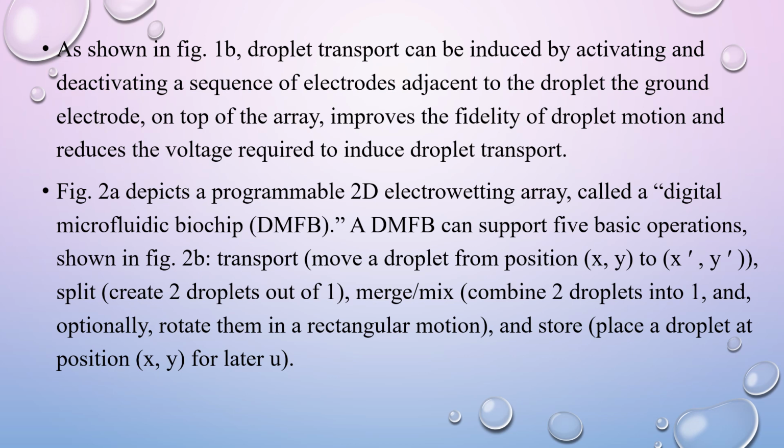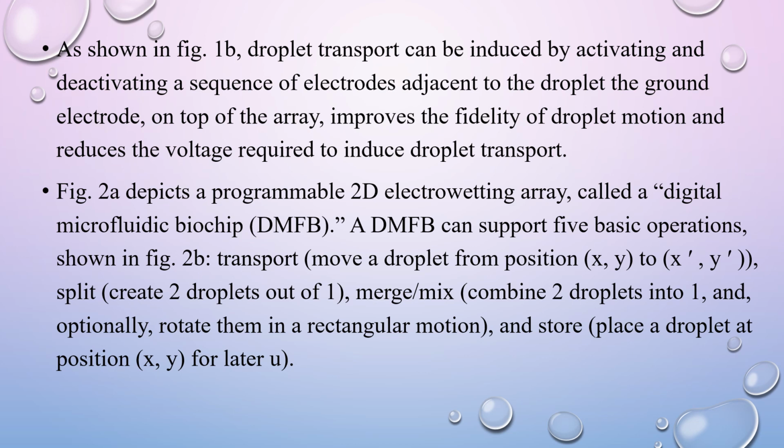Figure 2a depicts the programmable 2D electrowetting array called the digital microfluidic biochip, DMFB. A DMFB can support 5 basic operations shown in figure 2b. Transport: move a droplet from position x, y to x', y'. Split: create 2 droplets out of one.